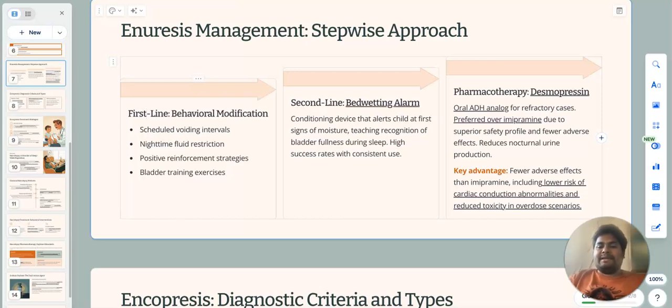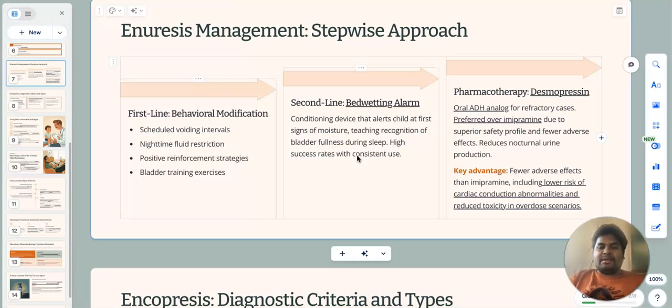Remember, imipramine is an antidepressant, and it has cardiac conduction abnormalities as a side effect. Even in a desmopressin overdose, there is less chance of fatality compared to imipramine. Because of the better side effect profile and reduced toxicity in overdose, we go with desmopressin rather than imipramine.